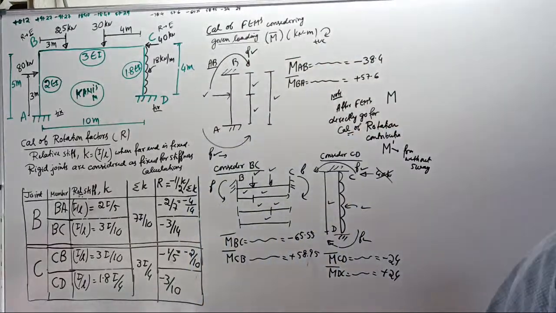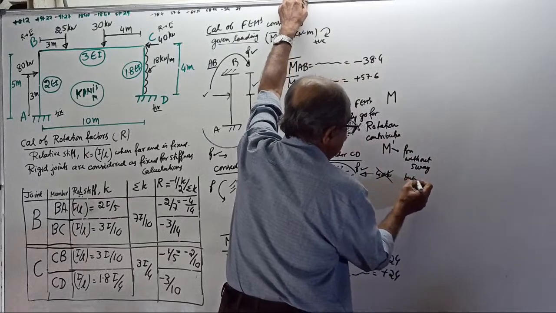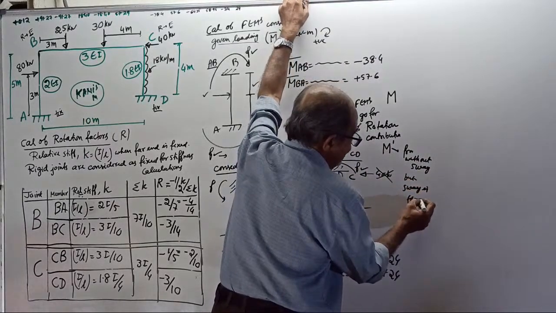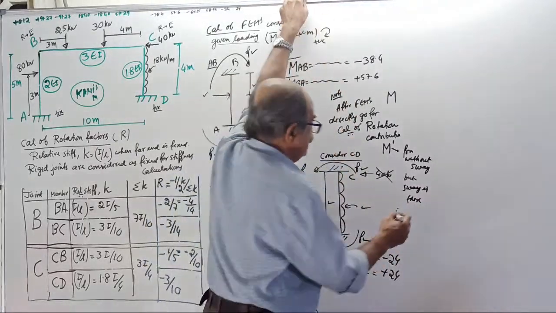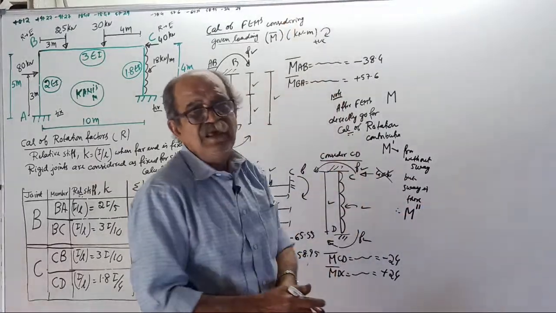Clear? Yes or no? But here sway is there. Therefore, we need one more term, that is called M double dash.